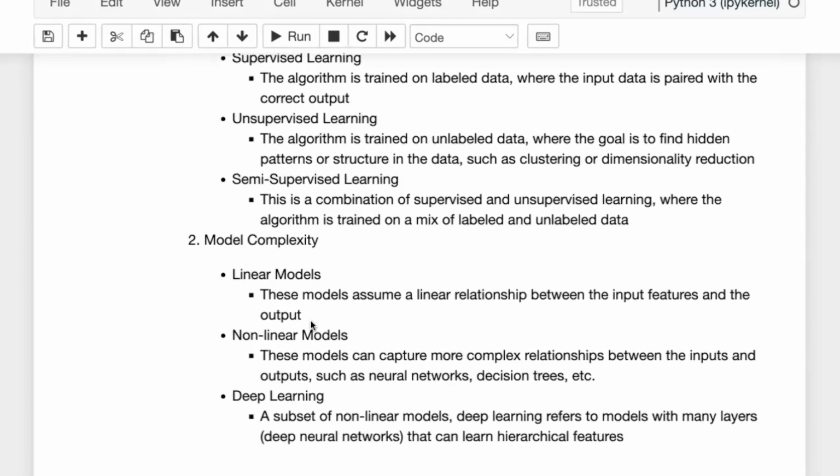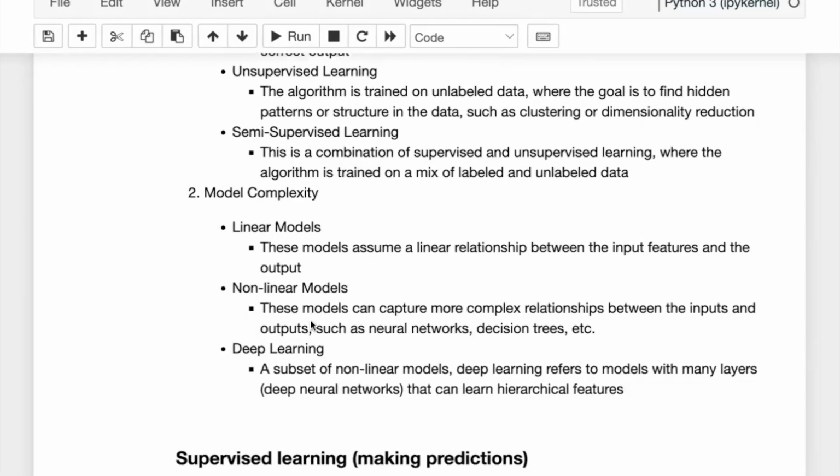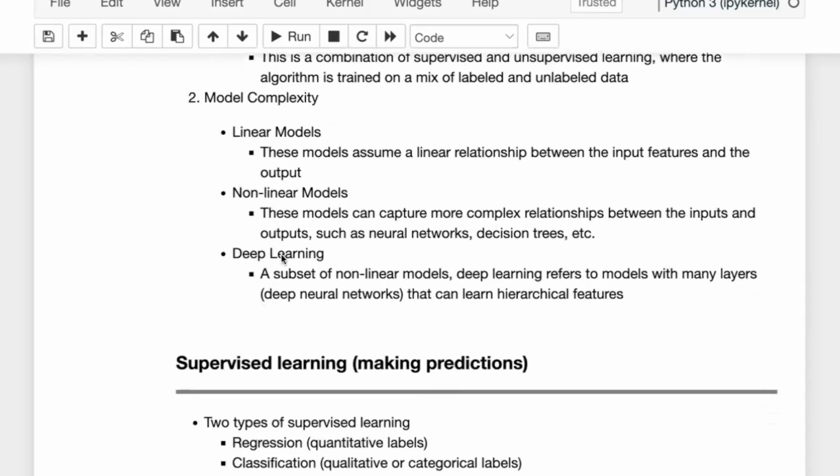We also can categorize machine learning algorithms based on model complexity. In this case, linear models are the ones that assume a linear relationship between the input features and output, right? For example, linear regression. That's a very classical example of this.